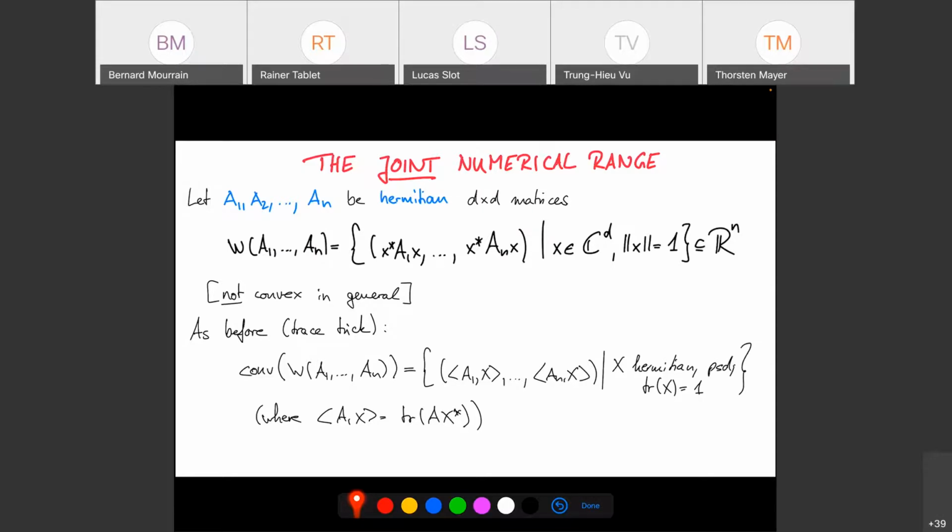So note here, now I have to put convex hull here on the left, which I wanted to point out. Okay, so here the difference is I put convex hull on the left side because I dropped the rank 1 constraint on the right hand side.